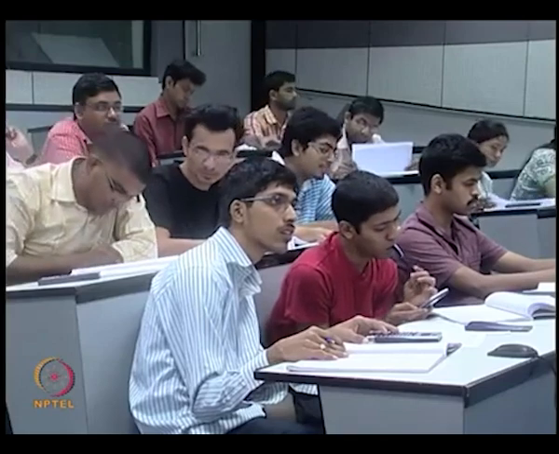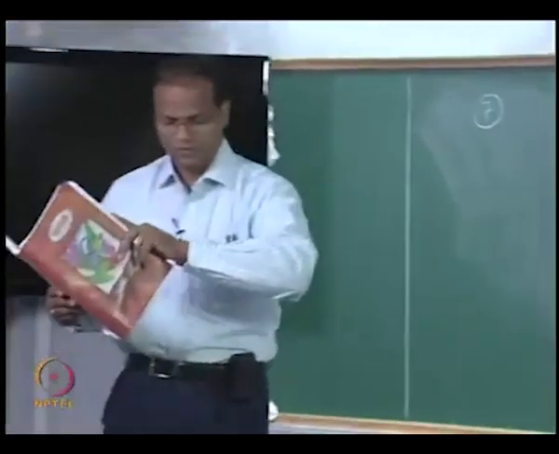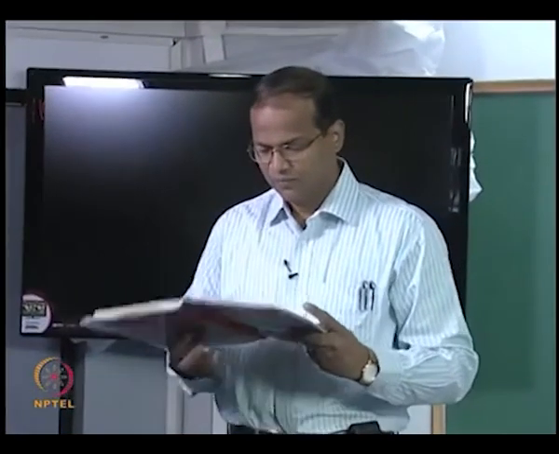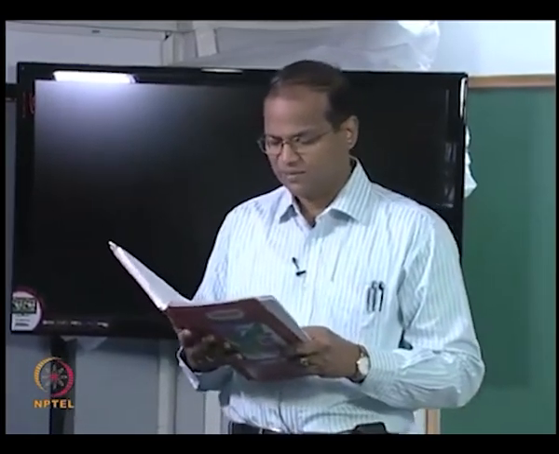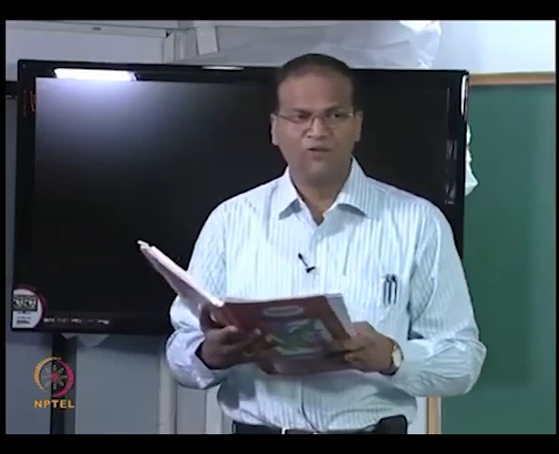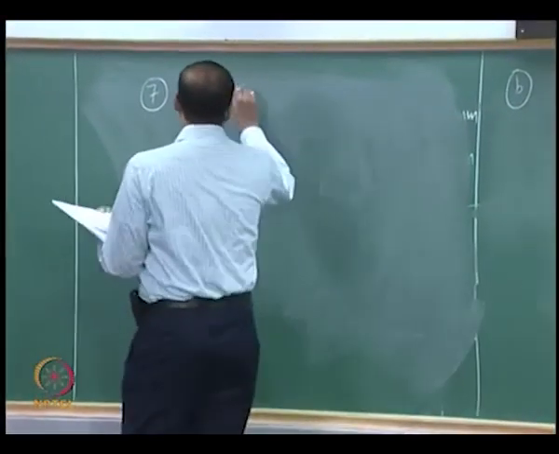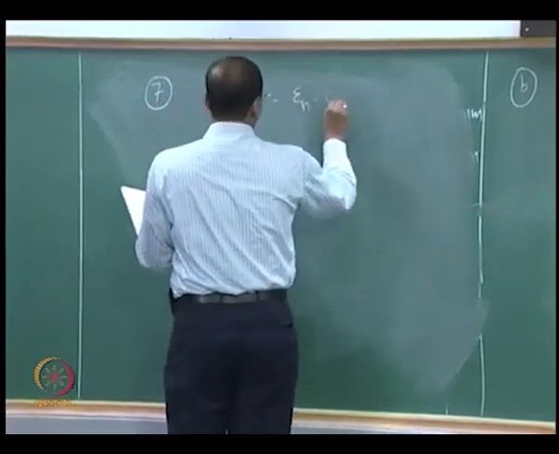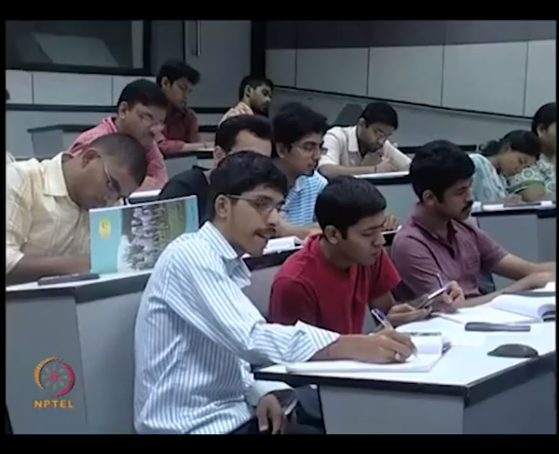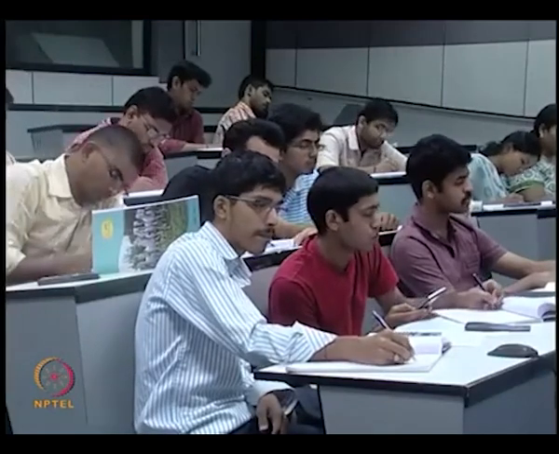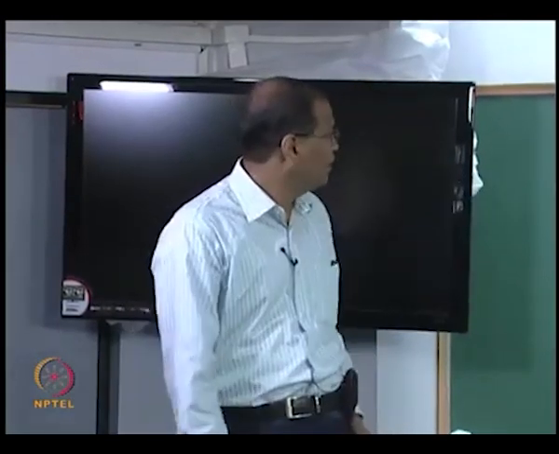Problem 7. The directional total emissivity of non-metallic materials may be approximated as epsilon theta equal to epsilon n cos theta, where epsilon n is the normal emissivity.